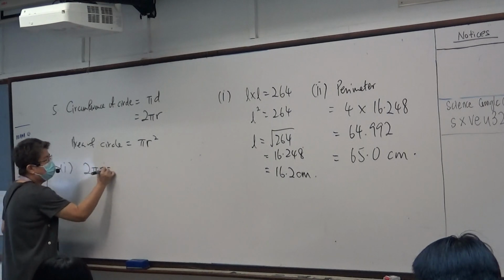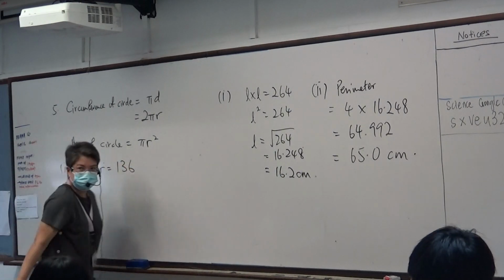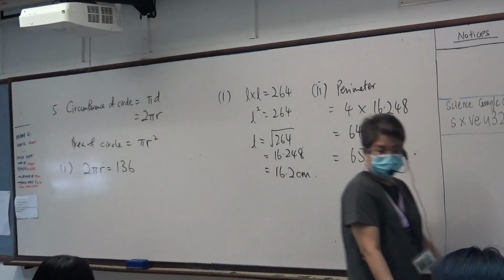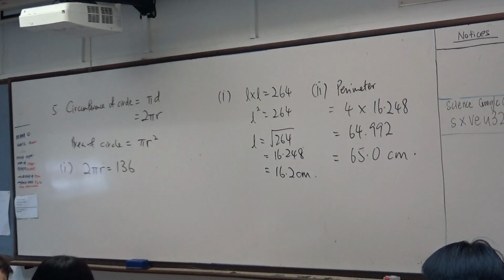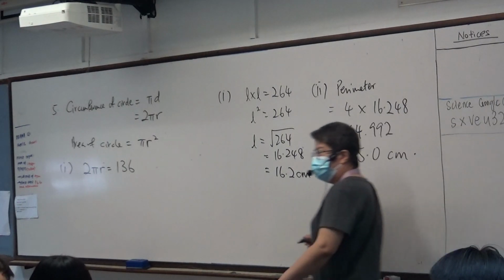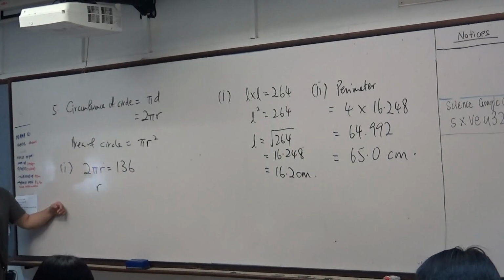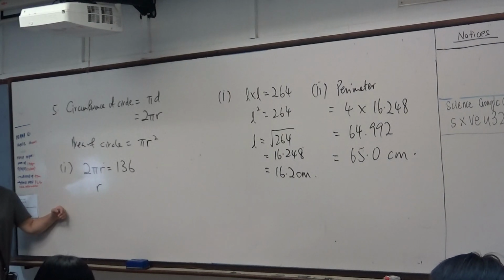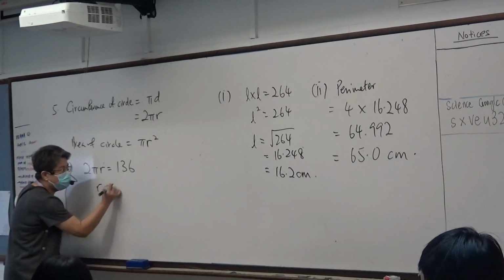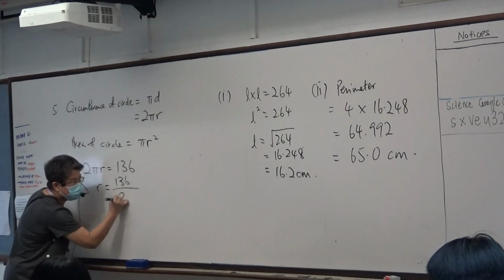2 pi r is 136, right? Alright. I want to find the radius. This will be 136 divided by 2 pi.